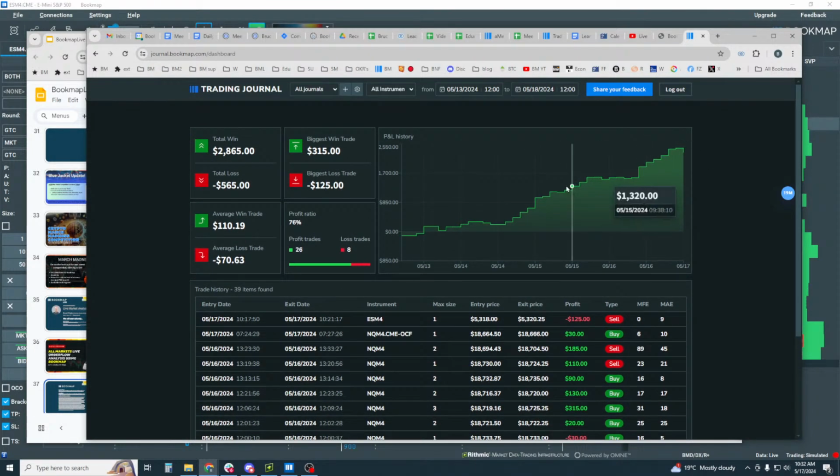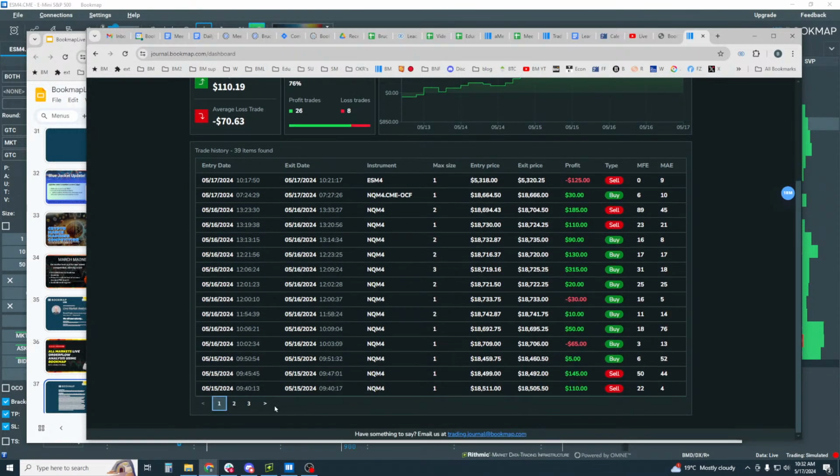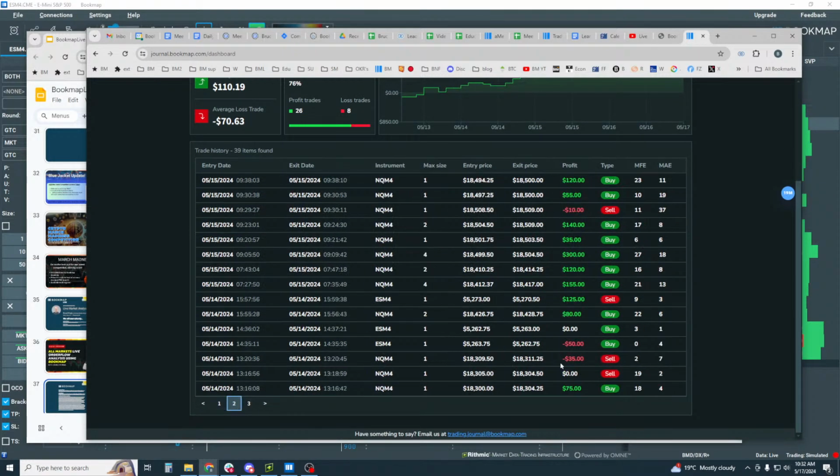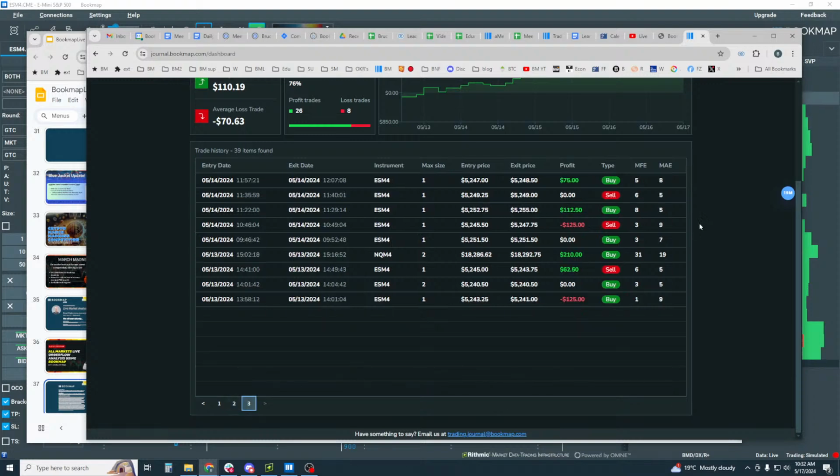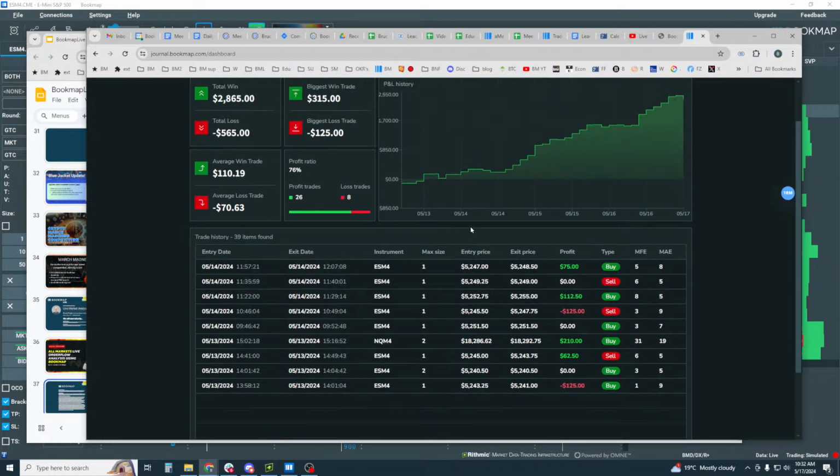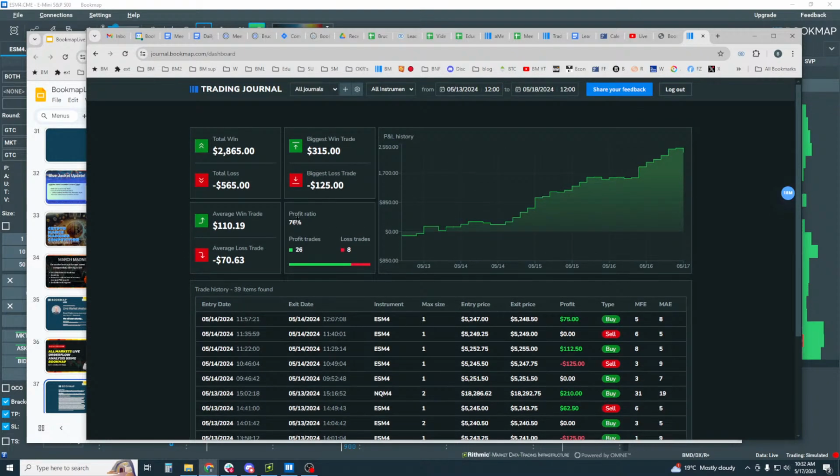But overall, the point is to understand our bigger picture perspective, and losses are going to happen. You can see them in here multiple times. Now, what I don't like about what I'm showing in here is that this profit ratio is 76. I really think this is completely skewed because of this range bound testing that I'm doing.